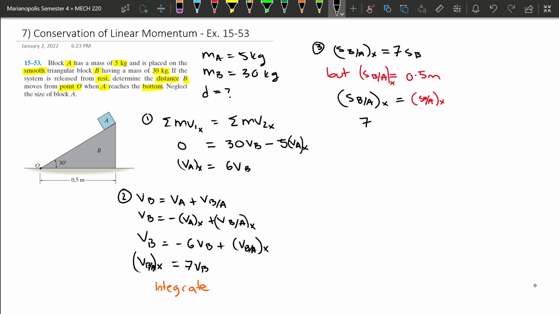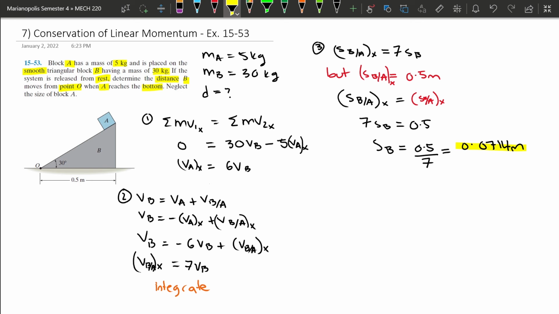So we have 7sB is equal to 0.5. That gives me that sB is equal to 0.5 over 7, which is just 0.0714 meters. And that's our answer.